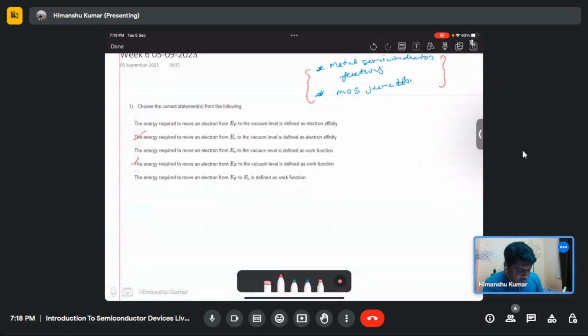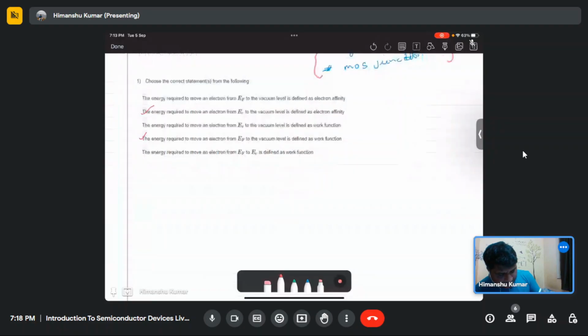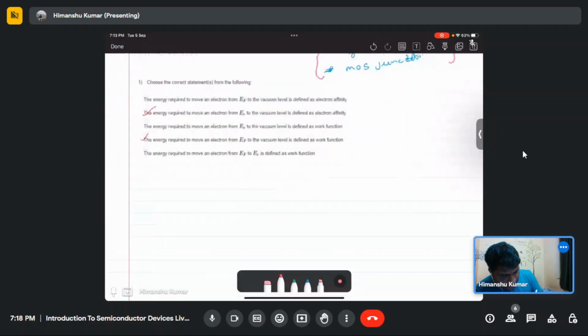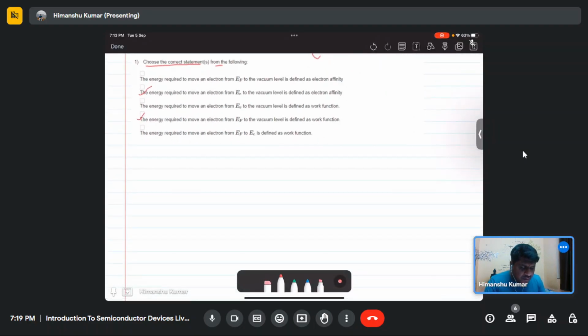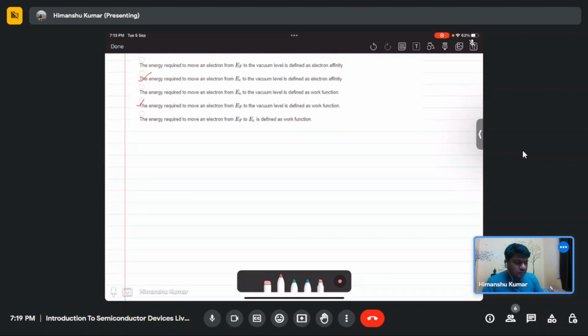So the first problem asks to choose the correct statement from the following. Basically, it's related to definition, which we described.